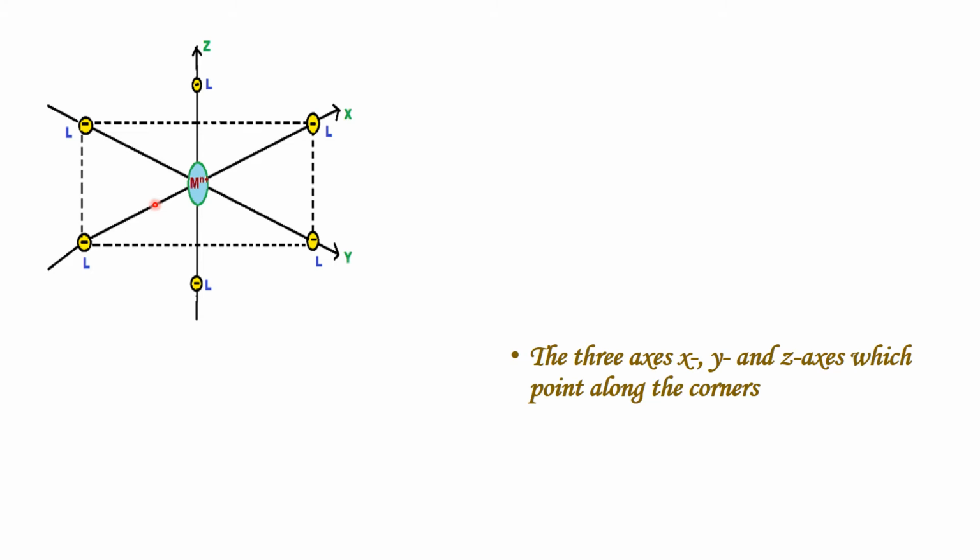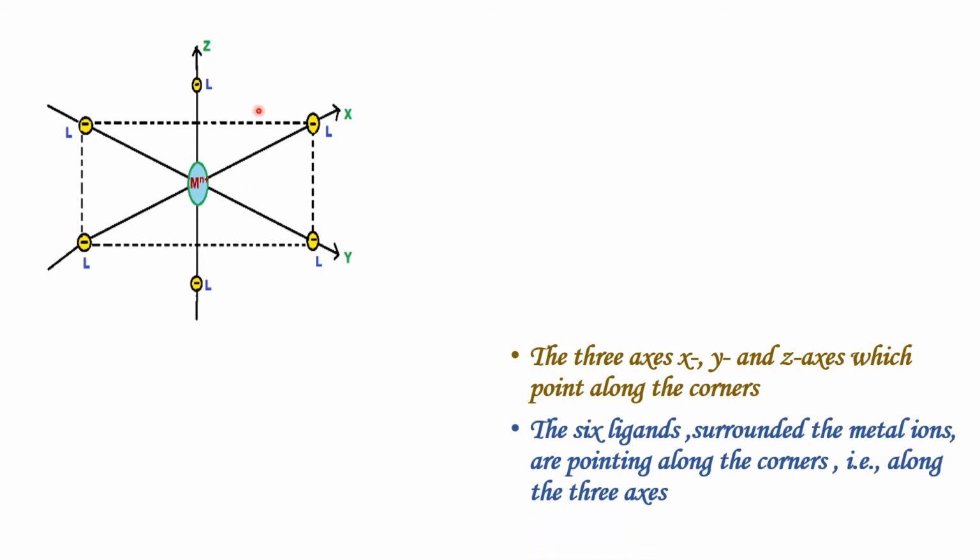Here you can see the three axes x, y and z axis which point along the corners that we have already seen. The 6 ligands, 1 here, 2 here, 3, 4, 5th and 6th, surrounding the metal ion are pointing along the corners, that is along the 3 axes.